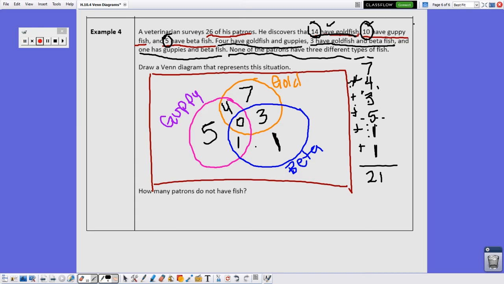There we go, that's better. So if we have 21 total, that means in no man's land, so they don't own guppy, gold, or betta fish, we have 5. Okay, so there are 5 people who aren't crazy and don't bring their fish to the vet. That's great. How many do not have fish? That's 5 patrons.